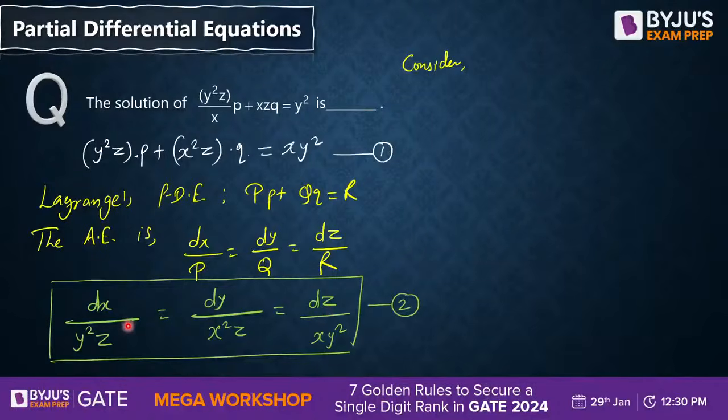If I consider first and third, will it work? If I consider first and second, then also it will work. So I am considering first two ratios, dx upon y square z and dy upon x square z. Comfortable with this?